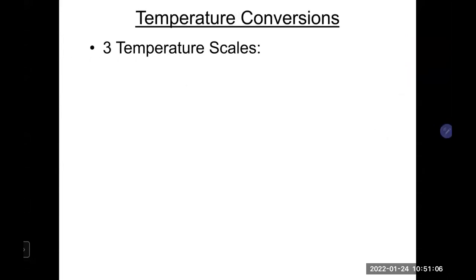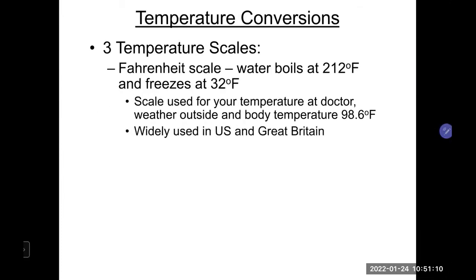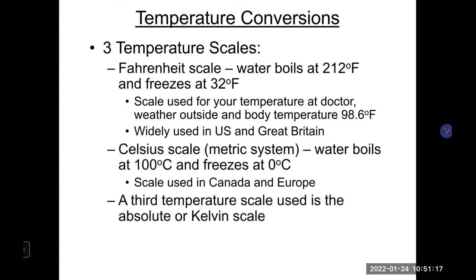So let's talk a little bit about temperature scales. There are really three major temperature scales that we come across in life, but in chemistry, as we will see, there's really one that we use a lot. The first is degrees Fahrenheit, or the Fahrenheit scale.